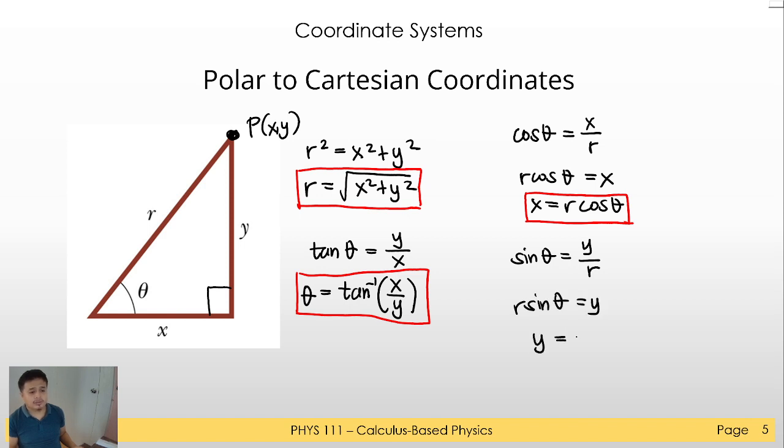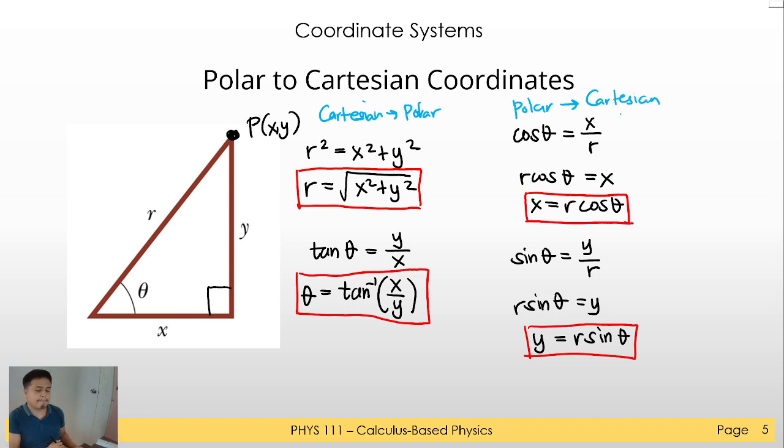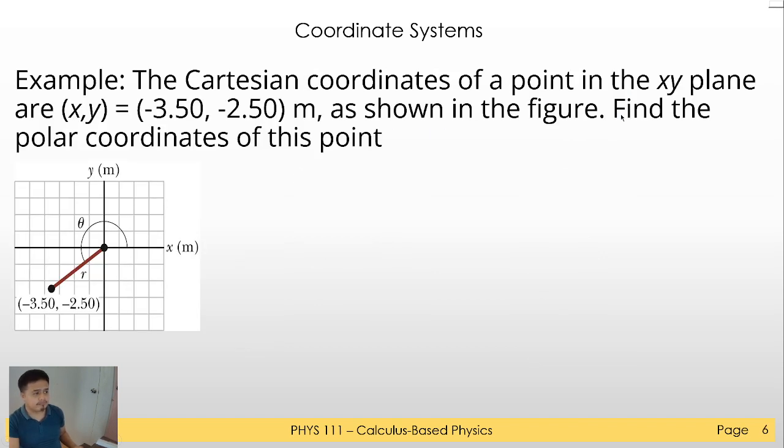Therefore, y is equal to r sine theta. So again, this is when we have a Cartesian into polar, and if we have a polar to Cartesian. Okay, so let's move on to the next one.